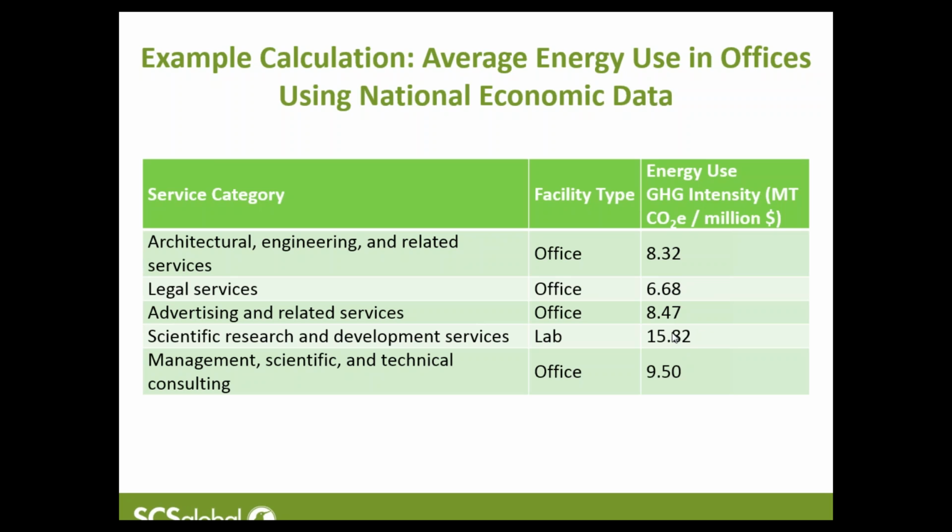So we were able to generate the spend factors using this national economic data, at least for the energy use in this context, which gave us a quite reliable and transparent result in the greenhouse gas inventory. So that was examples and discussion of secondary process data using life cycle assessment databases and national economic data.